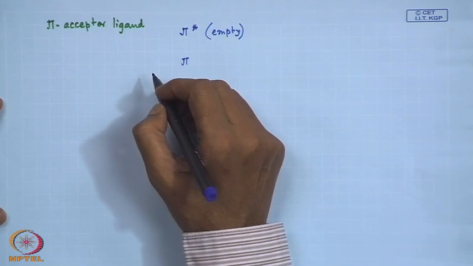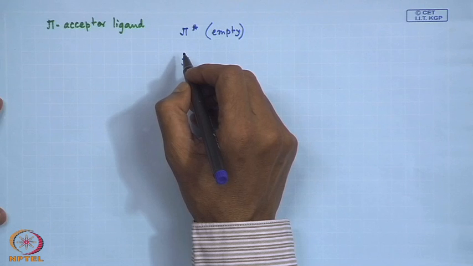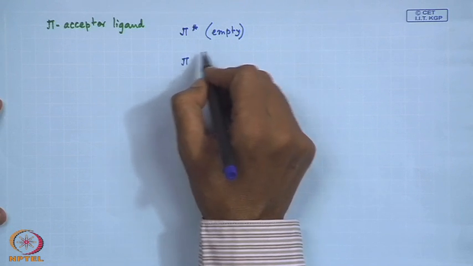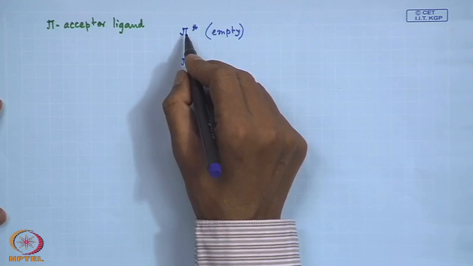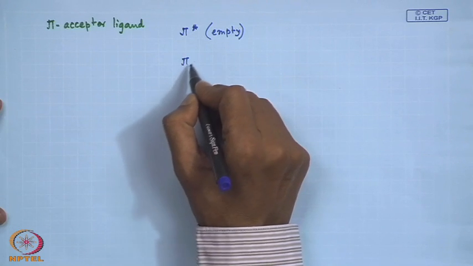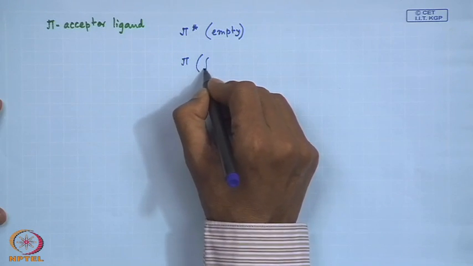then we can have the corresponding system where this electron density is not going from there, but this is full.